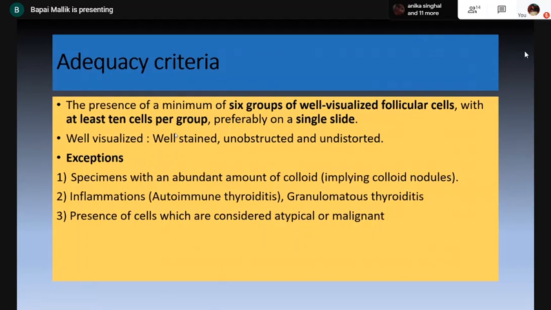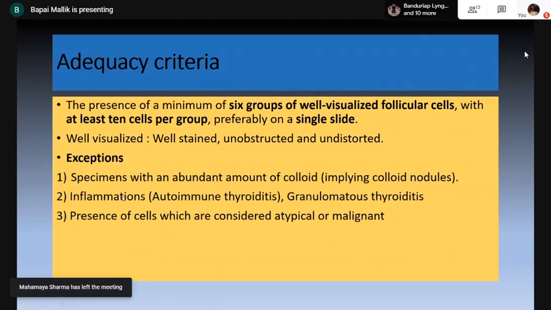However, as all of us who are in practice mostly know, there are exceptions, and these are really lifesavers. First of all, if a specimen has an abundant amount of colloid, then you really do not need these follicular cells. You can just call something benign if you have an abundant amount of colloid.